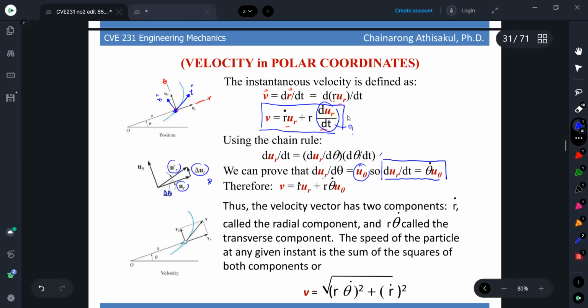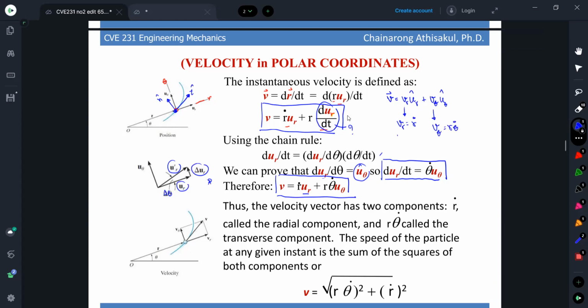This means that the velocity vector is composed of two components for the r theta coordinate, the r component and the theta component. So in conclusion, we have V equal to V_r u_r plus V theta u theta, where V_r is r dot and V theta is r theta dot.